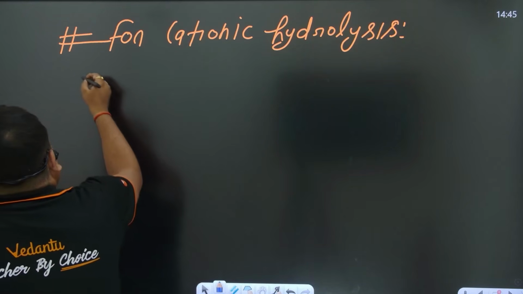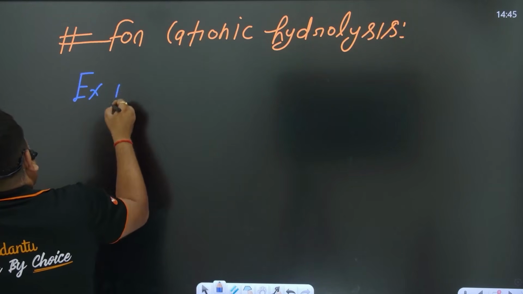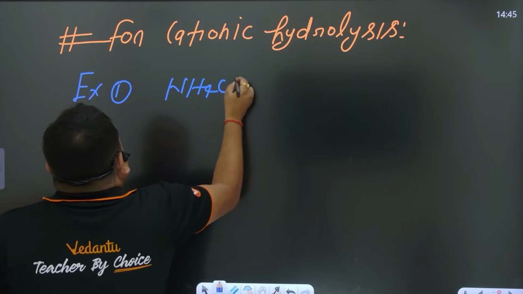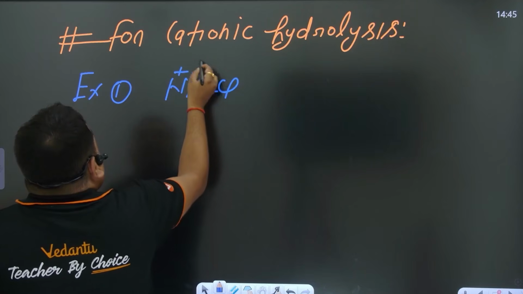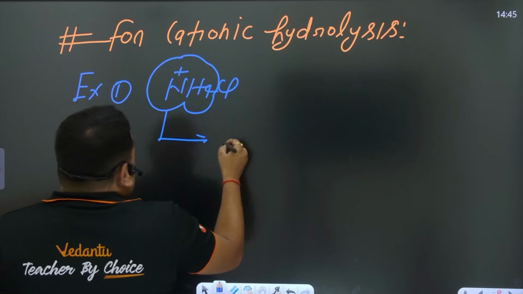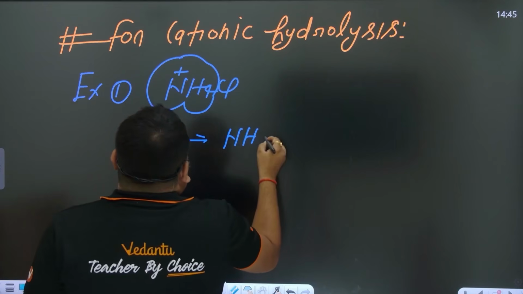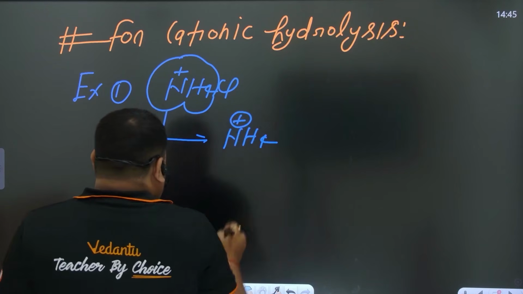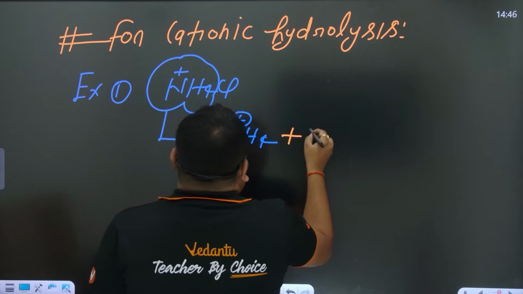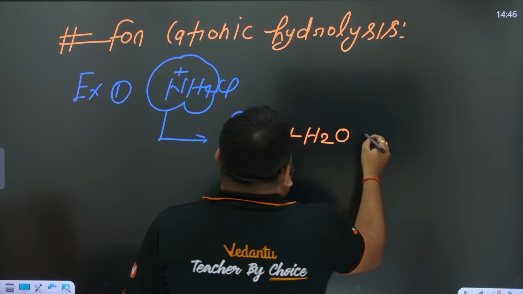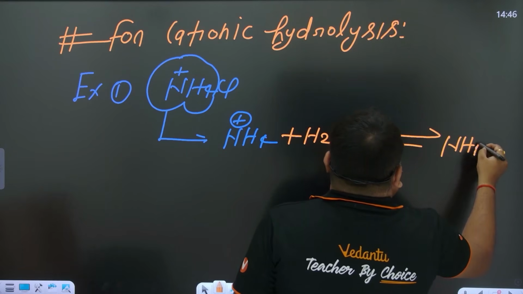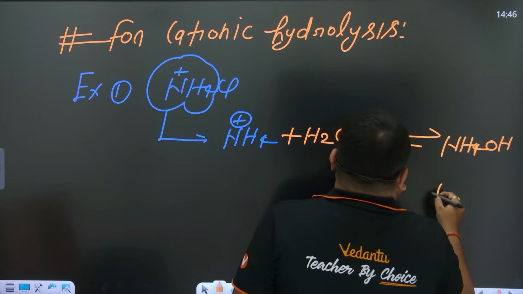See, this is the example: NH4Cl. In this, cationic hydrolysis is taking place. So we just remove the cationic part from NH4Cl, and we react this cationic part with water, and then you obtain NH4OH plus H positive ion.